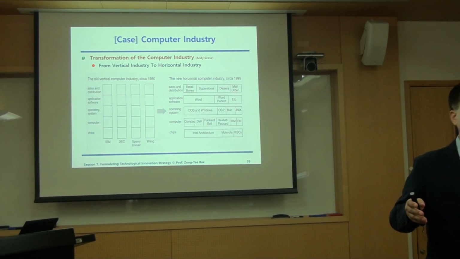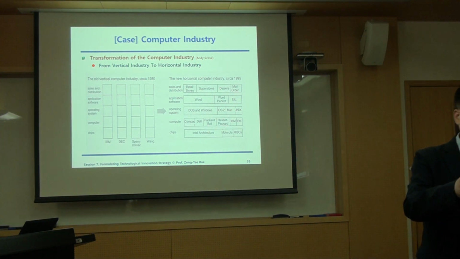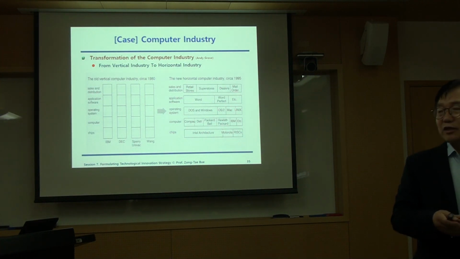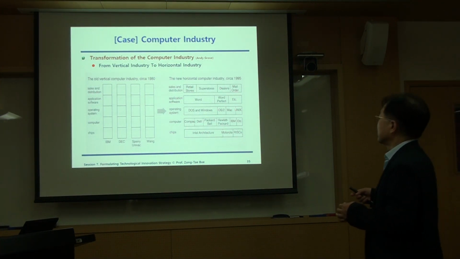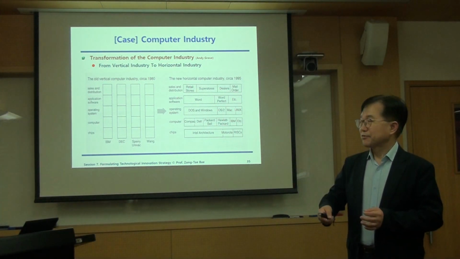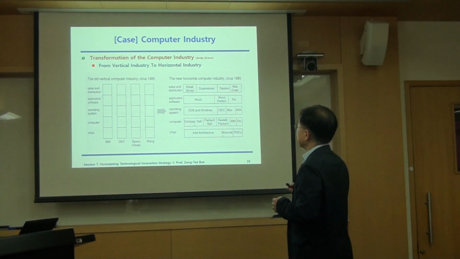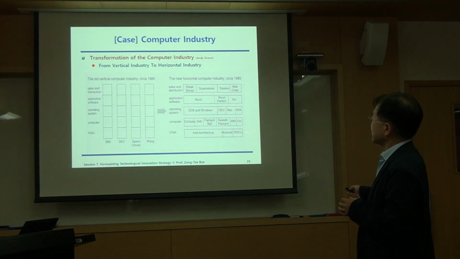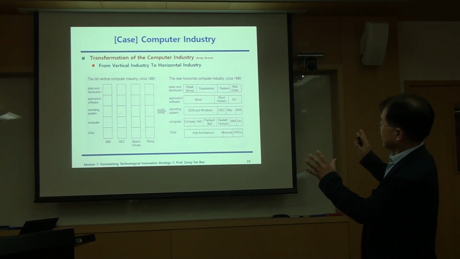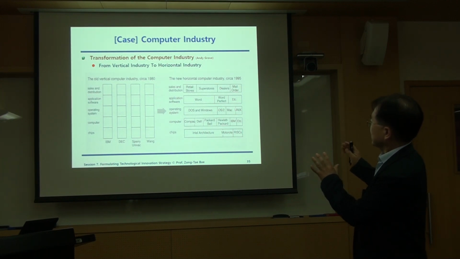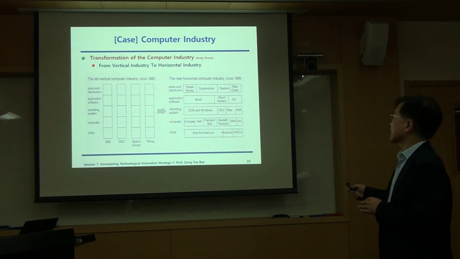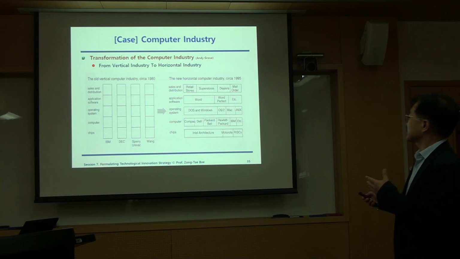So many high-tech ventures can enter into the very segmented industry. So it will increase the entry of new ventures into this market. So the industry structure changed from vertical to horizontal. This is a very typical change. This kind of change was first observed by Andy Grove, CEO of Intel, and he explained the process with this picture.